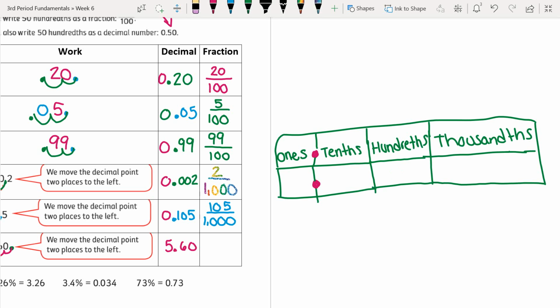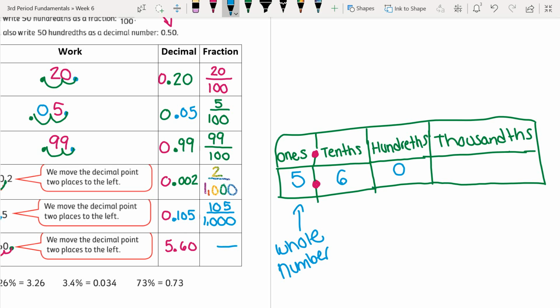This one, we actually have a number in front of this decimal point. So when I start to fill in my table, I will actually fill in a spot in the ones. So there's actually a 5 before our decimal. This is a whole number. Now I'm going to fill in the rest of my numbers, which is a 6 and then a 0. So when we start to make our fraction, this is actually going to have two parts to it.